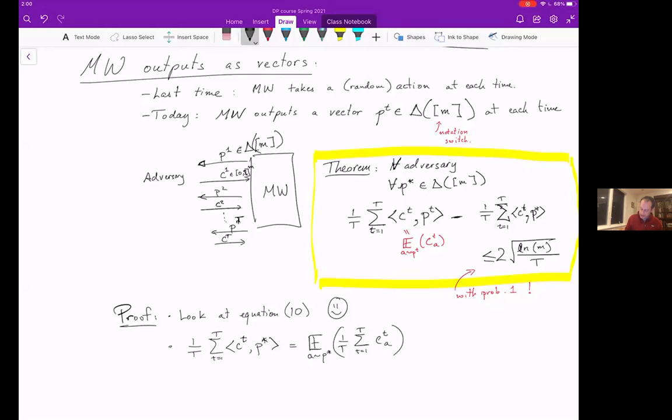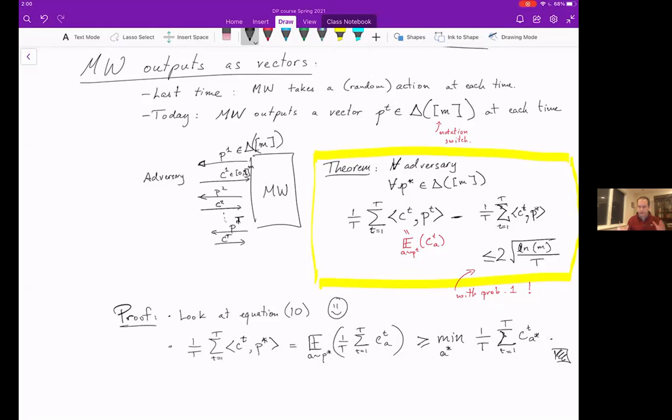And so this is always going to be no better than the minimum, the cost of the best action in hindsight. Okay, so QED. So we're measuring regret with respect to p star, but p star is really no better than the best single action in hindsight. And so the same theorem, same proof we had before will work here directly.